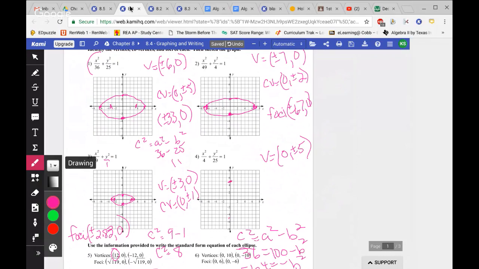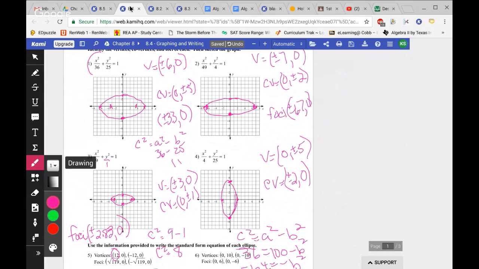All right, and so the co-vertices are plus or minus 2, 0. And our foci are going to fall on the y-axis this time because the y is the major axis.